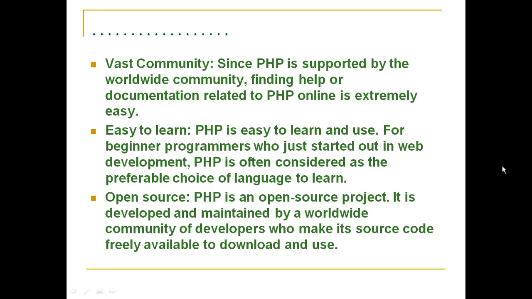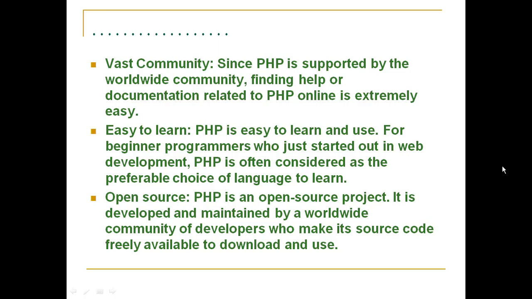Vast community: since PHP is supported by a worldwide community, finding help or documentation related to PHP online is extremely easy. Easy to learn: PHP is easy to learn and use for beginner programmers who have just started out in web development. PHP is often considered the preferable choice of language to learn.